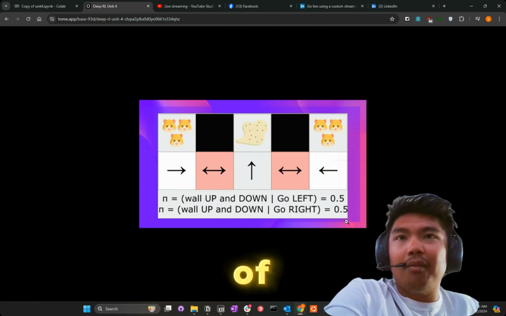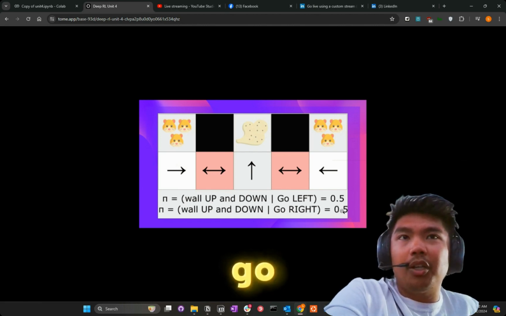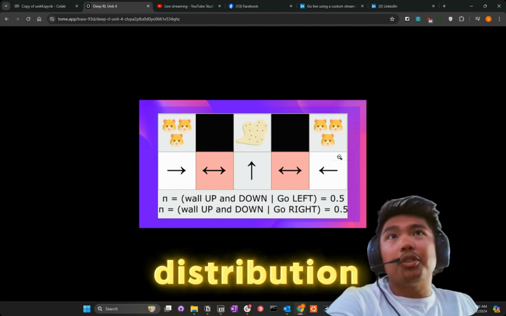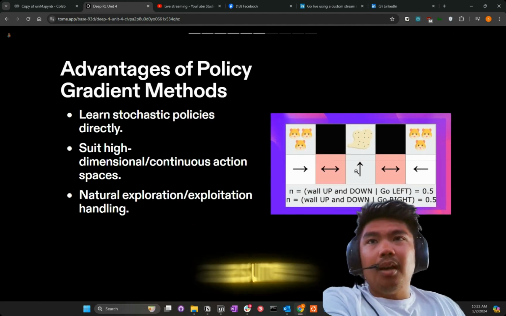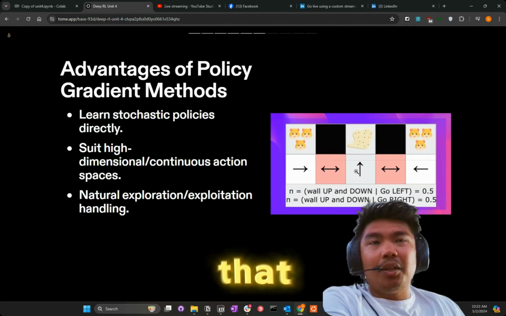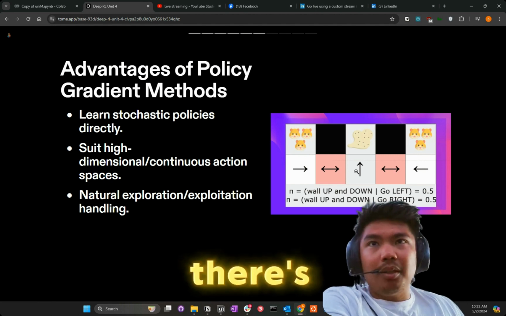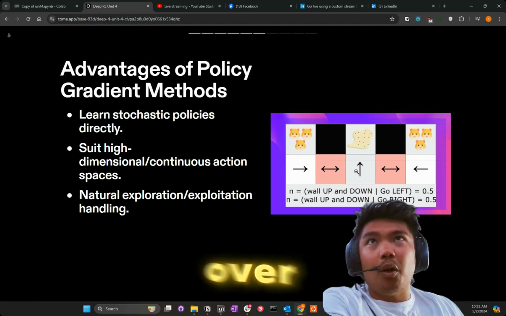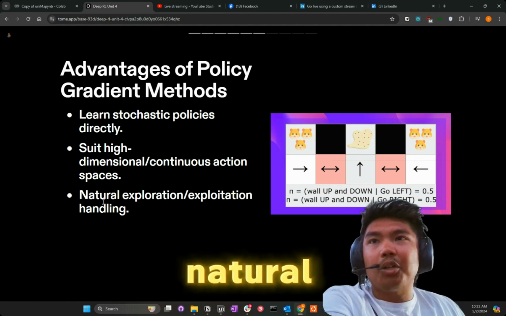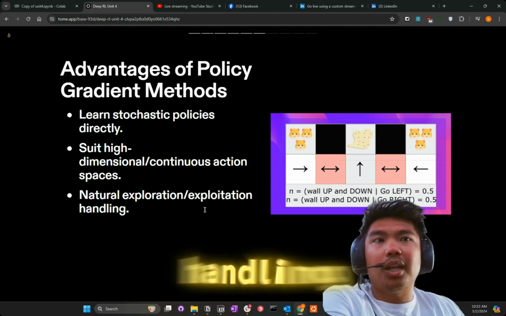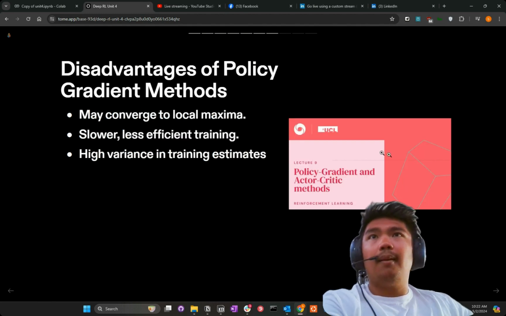You would still, out of 100 runs, go to the right 10 times. So you can intuitively see that you're not going to just exploit. Over a large number of training runs, there is going to be this natural exploration handling.